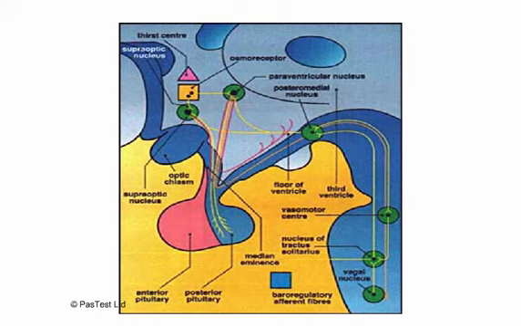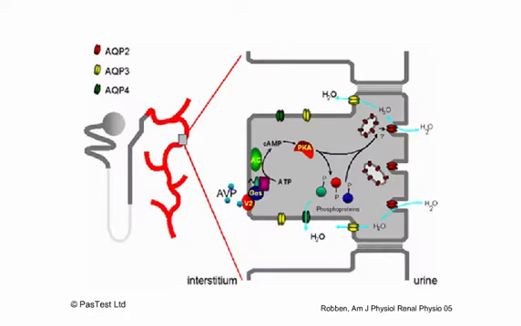In this cartoon, you can see that AVP acts on the nephron to induce signals which then have an effect on molecules called aquaporins. Aquaporins mediate water transport in the renal nephrons.